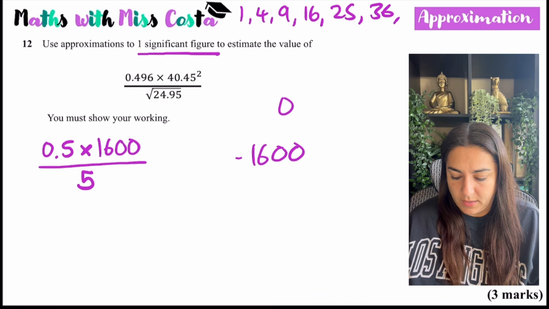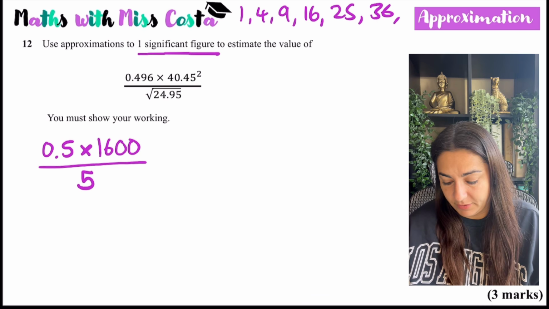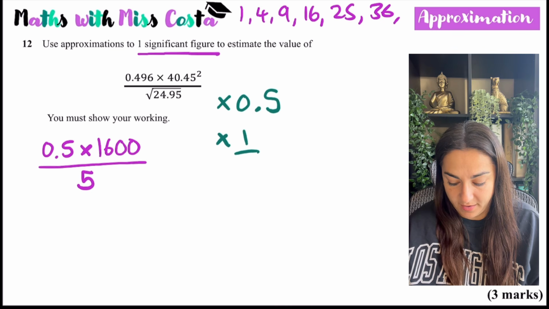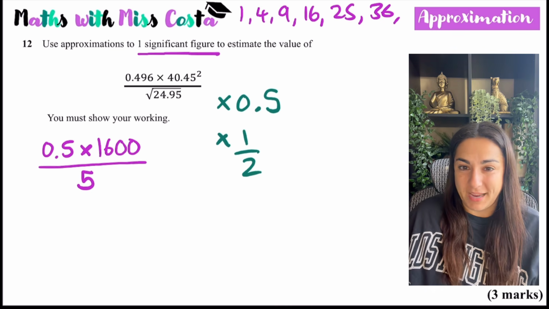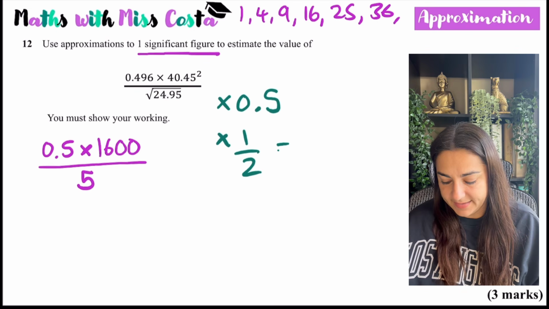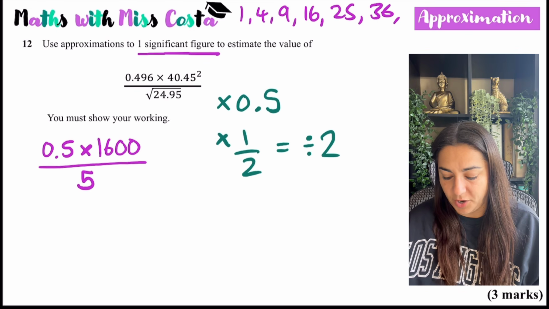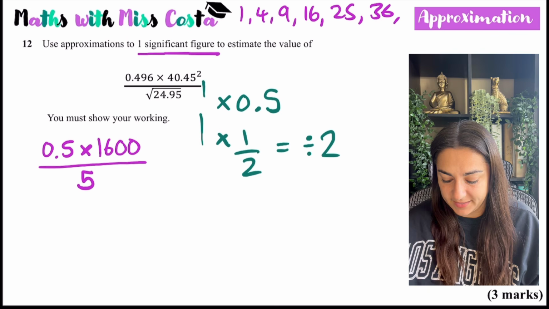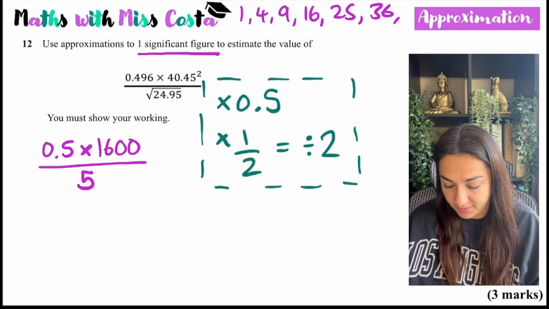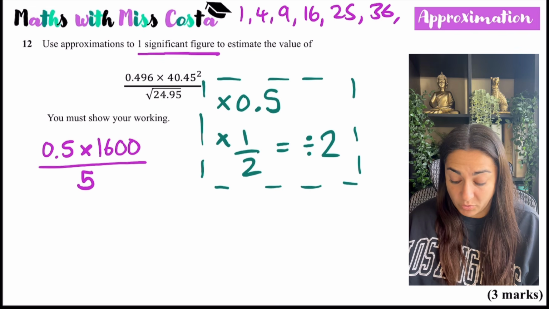Now, multiplying by 0.5 is the same as multiplying by a half. And when we're multiplying by a half, what are we actually doing? We're dividing by 2. So this is just a little trick that is just going to really help you with non-calculator paper. Dividing or multiplying by 0.5 or a half is the same as dividing by 2.